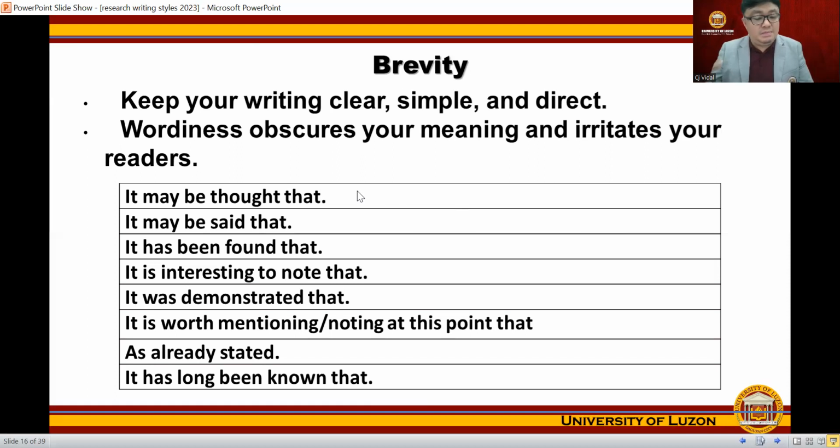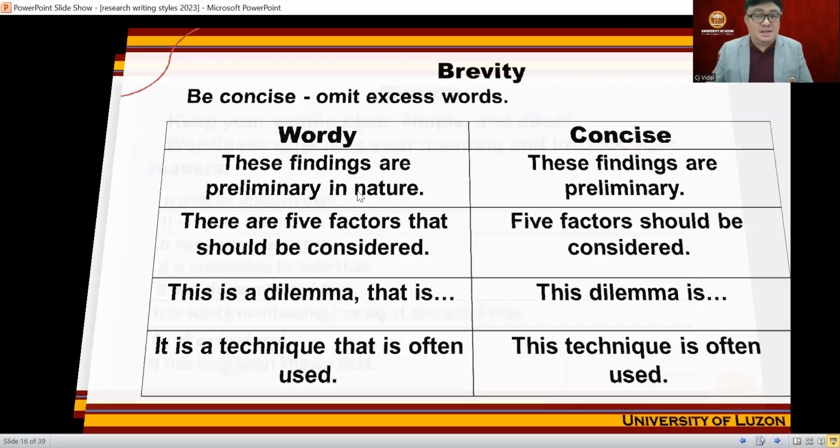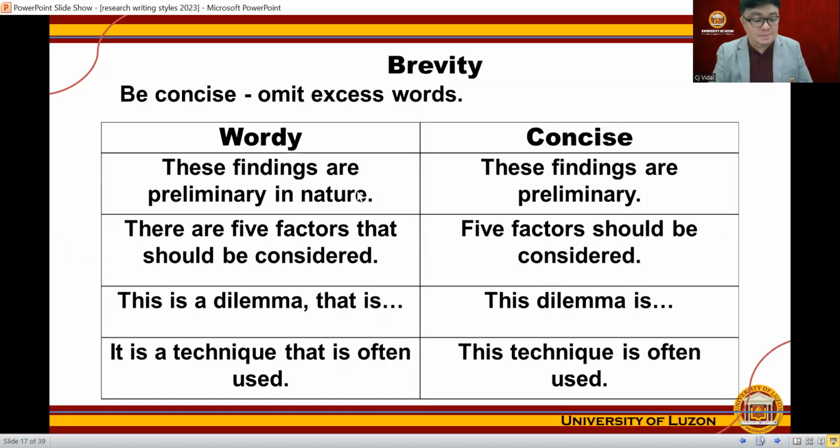So we observe concise words. We omit excess words. For example, we have the following in the first column, statements that are a mouthful, that are wordy.